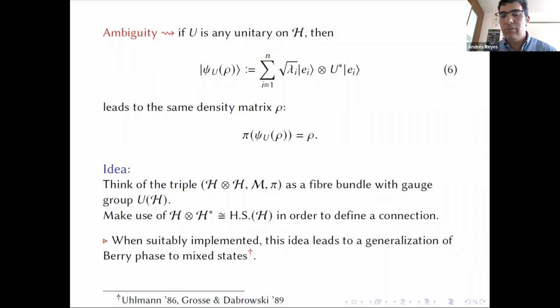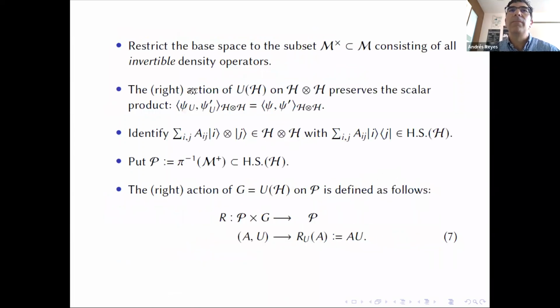For me, it is more intuitive from a geometrical point of view, so I will present that one. What you do is, first, let us restrict to just positive or invertible density operators. Now, the right action of these unitaries on H tensor H preserves the scalar product. That's a fact.